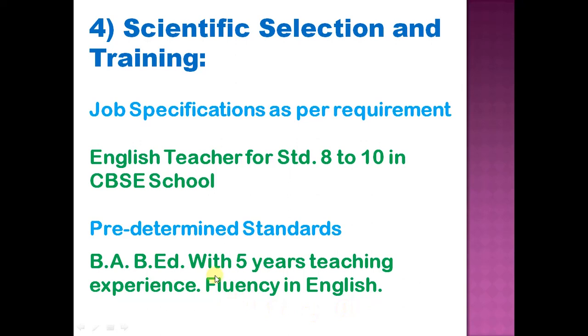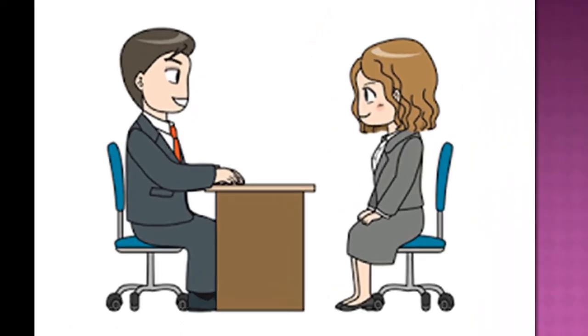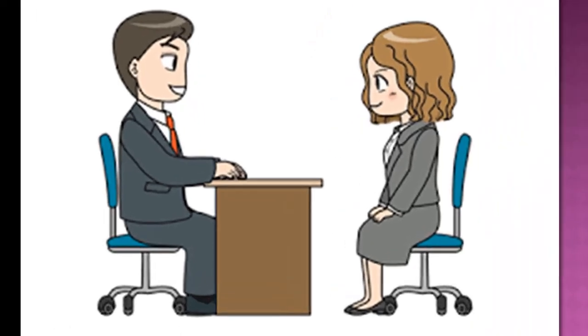So this is called the job specification and predetermined standard. When we keep this, it is called the scientific selection. Interview is the most common method of scientific selection, and F.W. Taylor recommended that we have to select the employees scientifically in our organization. So this was his fourth technique.